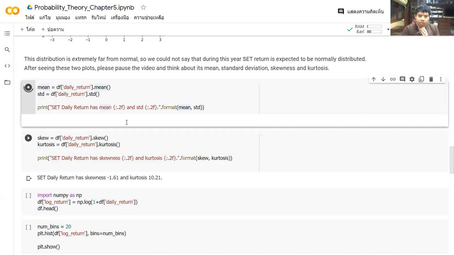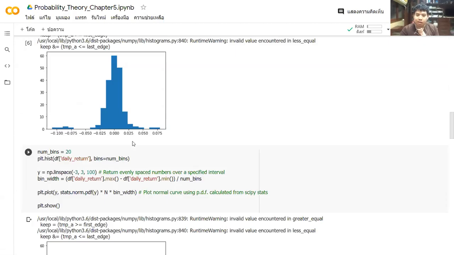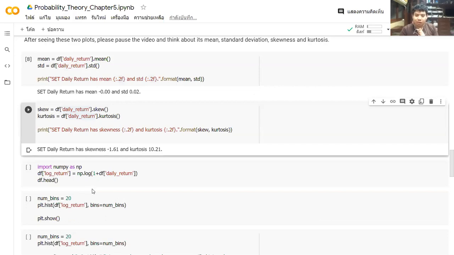The mean is close to zero, so that means you are equally likely to gain or to lose from the SET index. The standard deviation is very low, as we have seen. If we talk about the skewness and the kurtosis, the skewness is negative, as I have said, so adverse consequences are more likely than lucky events. The lucky events reach 7.5%, right? But the adverse consequences go to minus 10%.